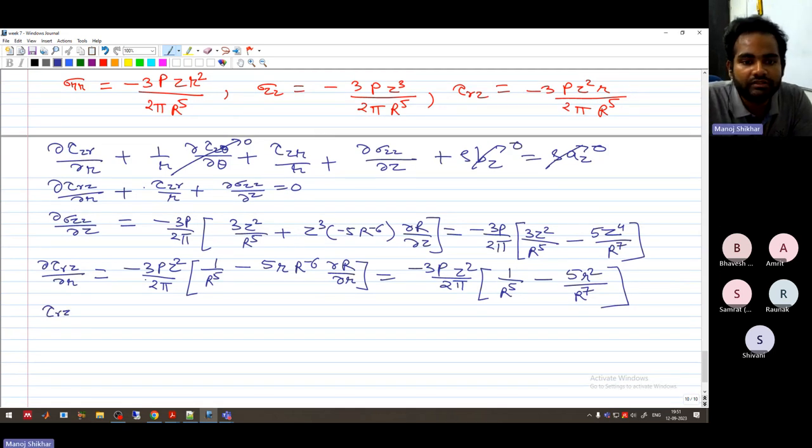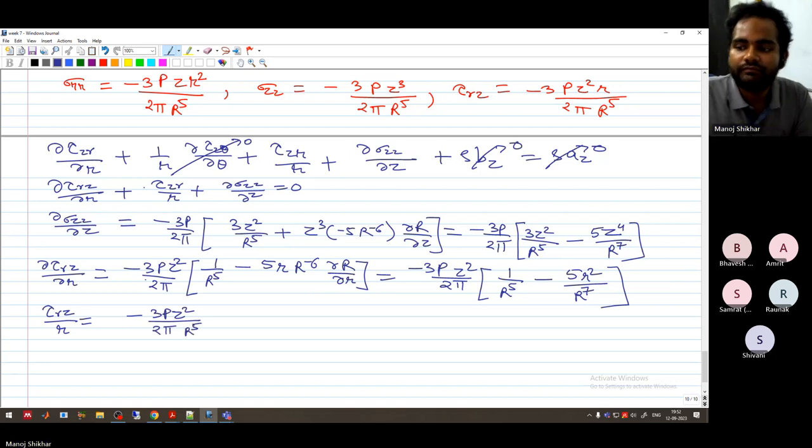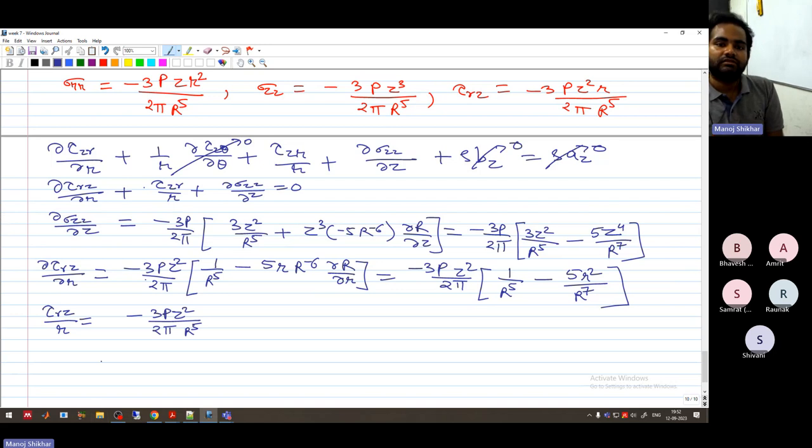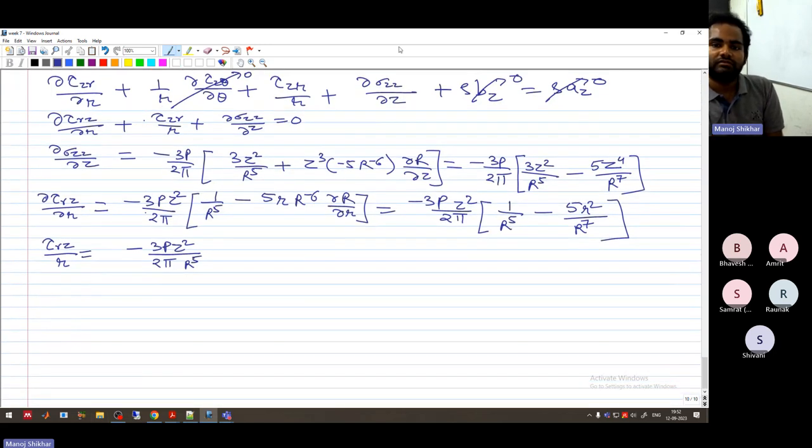And we have tau rz upon r. Okay. This is minus 3pz square upon 2 pi r to the power 5. So we will substitute this, all this here in this equation.